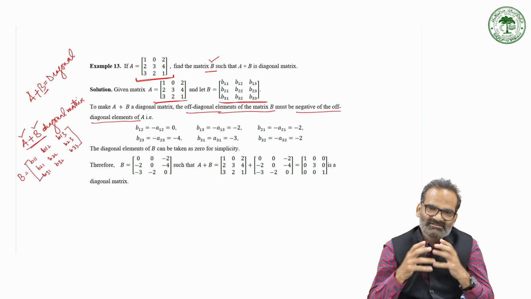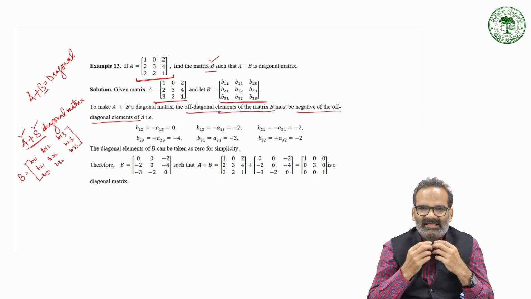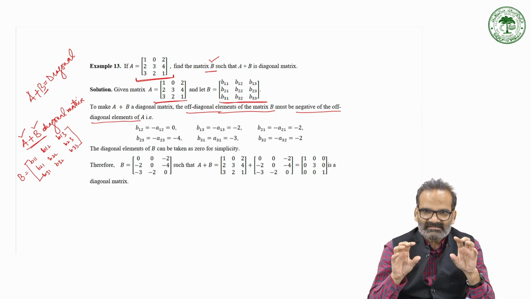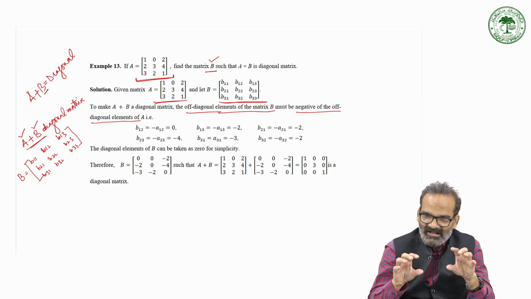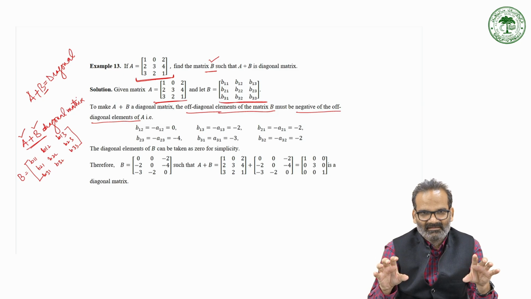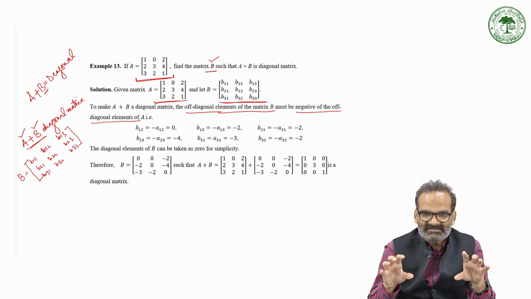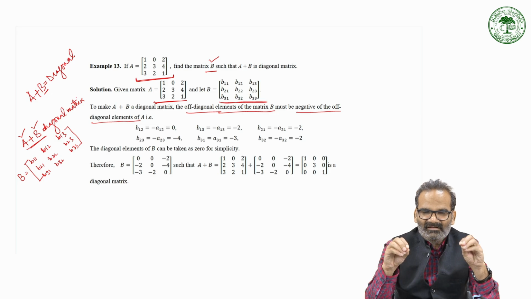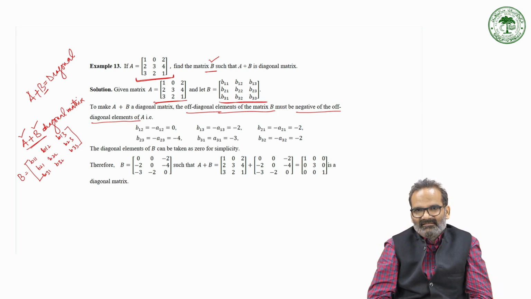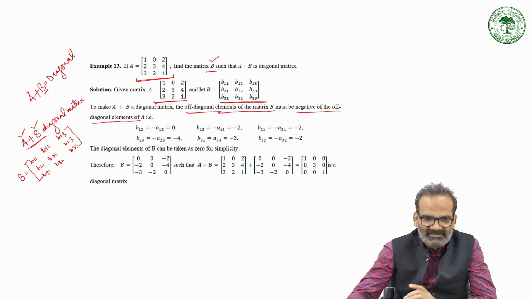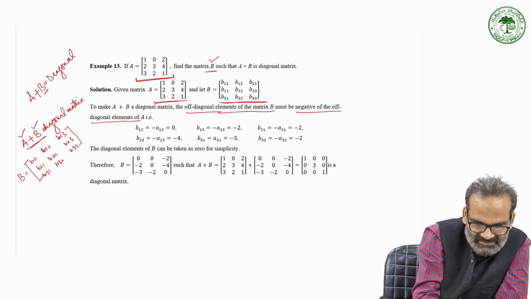In other words, the non-diagonal elements of the matrix B should be negative of the non-diagonal elements of A. Clear? Non-diagonal means what? See, this is the diagonal.